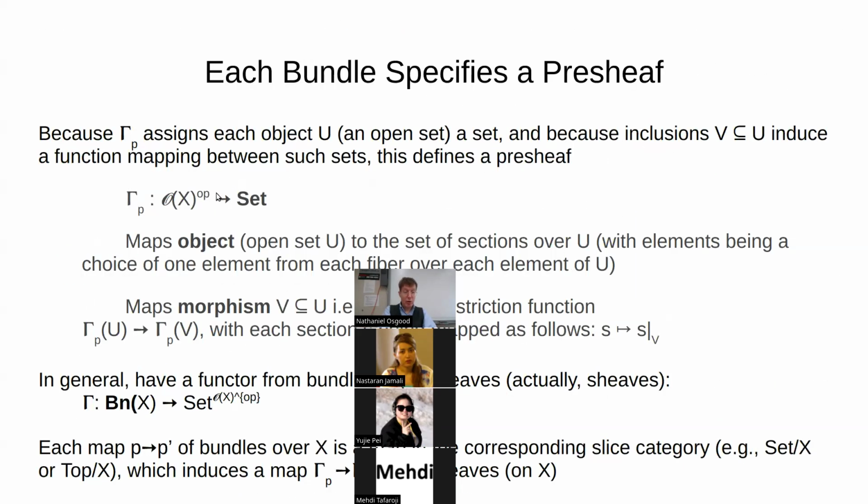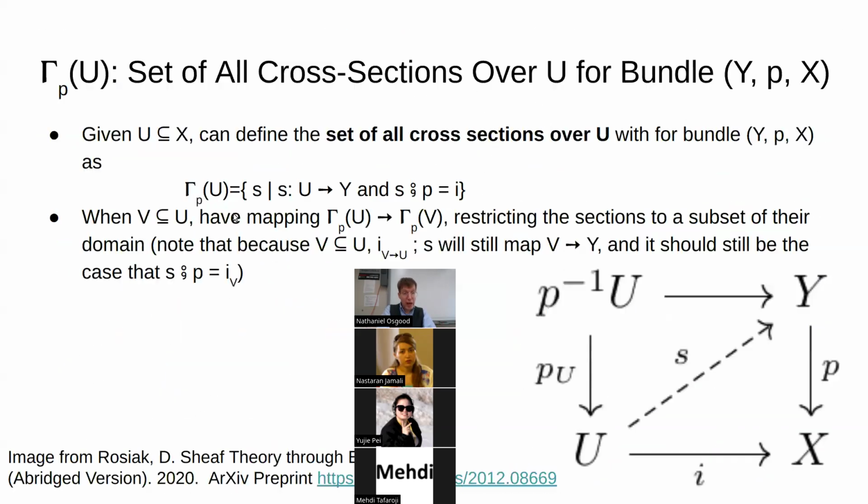So it turns out that this set of sections, pre-sheaf, restricts down nicely. It obeys these properties. It has a single unique gluing.